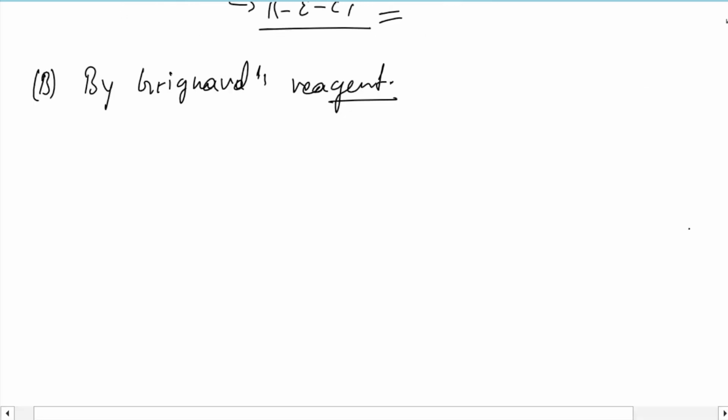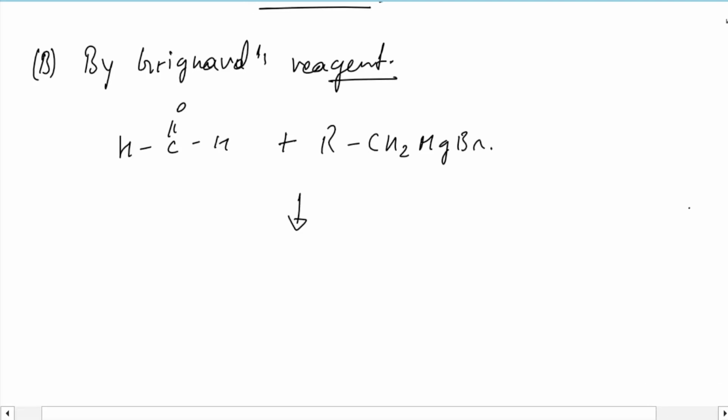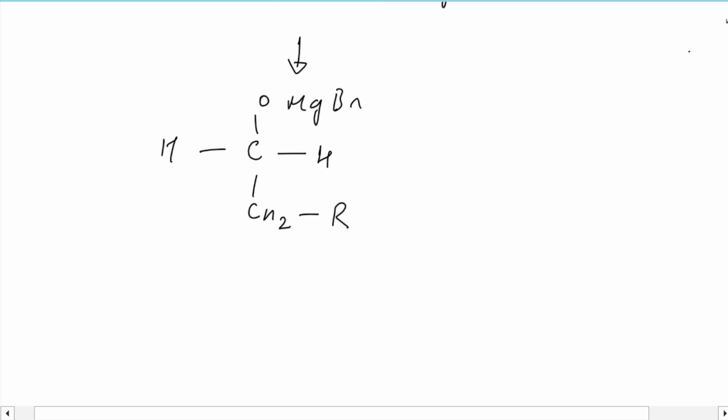Okay, if the Grignard's reagent is reacted with formaldehyde, then what is formed is primary alcohol. Its hydrolysis will yield primary alcohol.